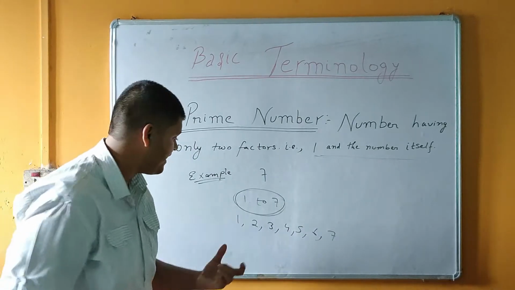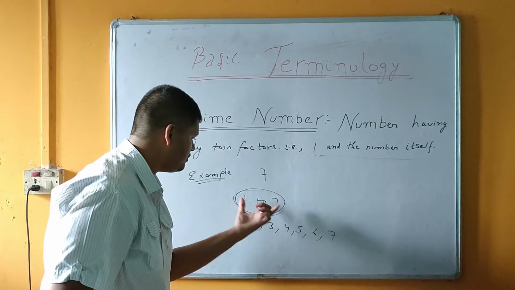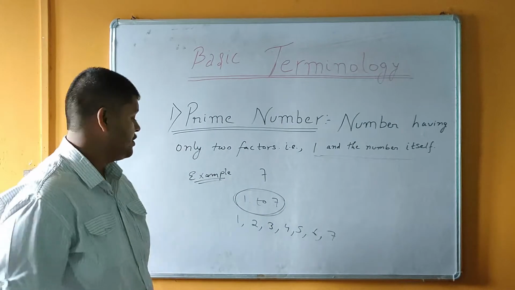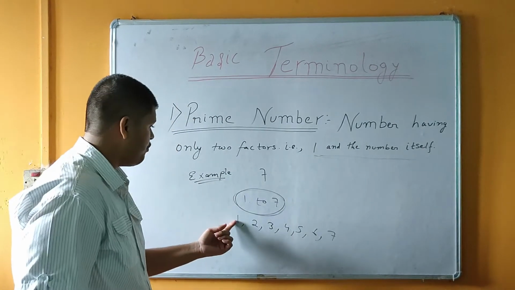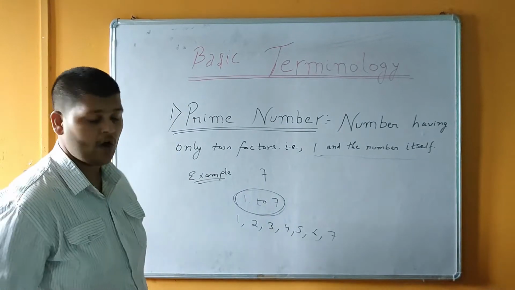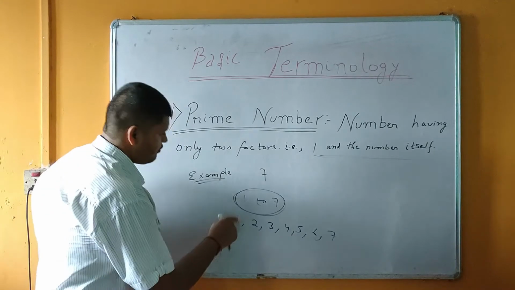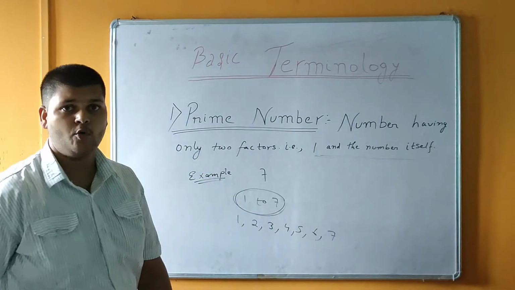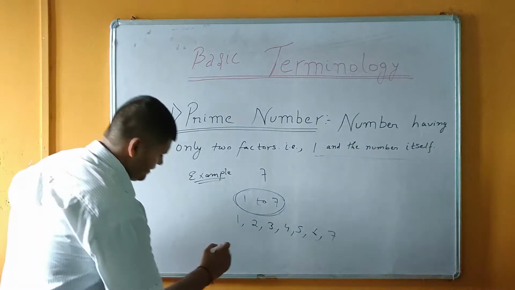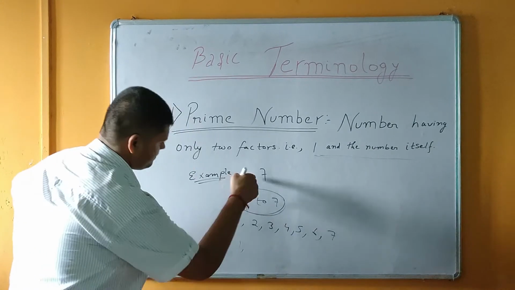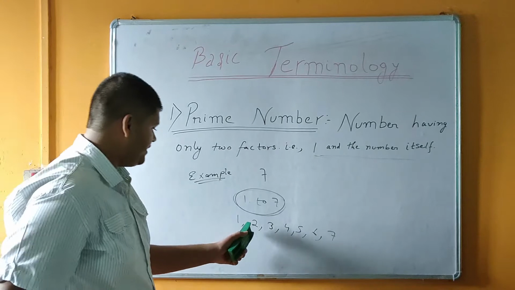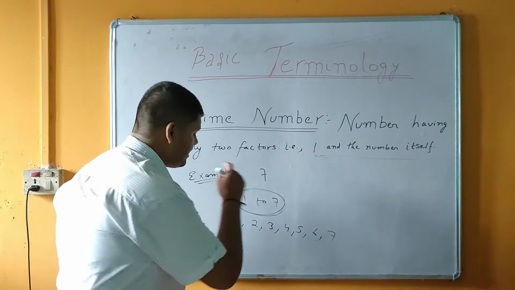Now I have to see whether in the table of 1 this 7 occurs or not. Yes, in the table of 1 this 7 will occur, 7 times. That means 1 is a factor of 7. In the table of 2, will 7 occur?